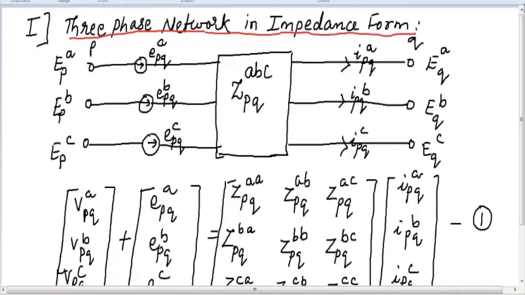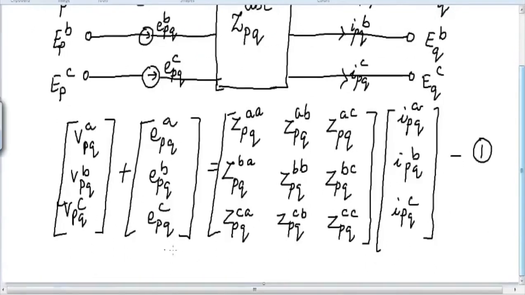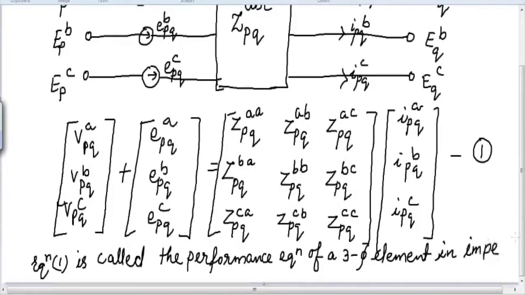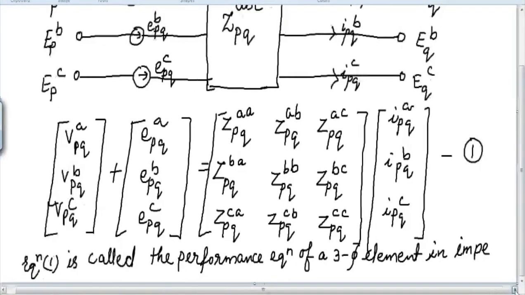So this is what is known as the three-phase network in impedance form, and this equation 1 is called the performance equation of a three-phase element in impedance form.